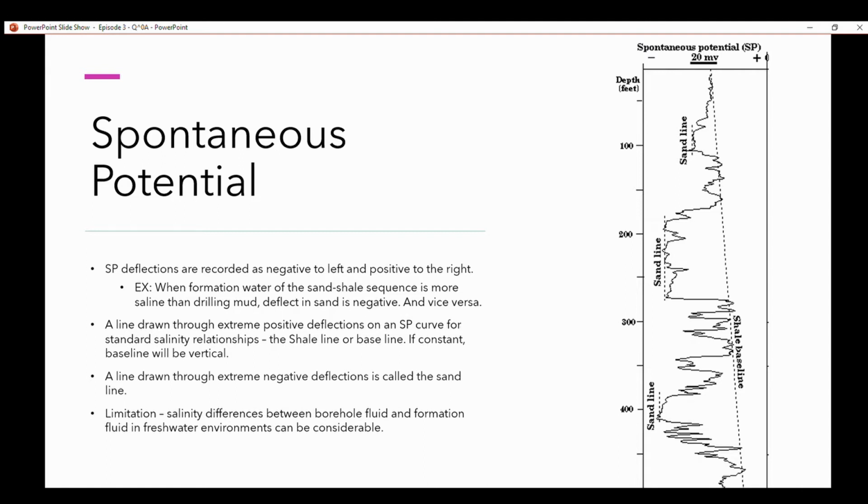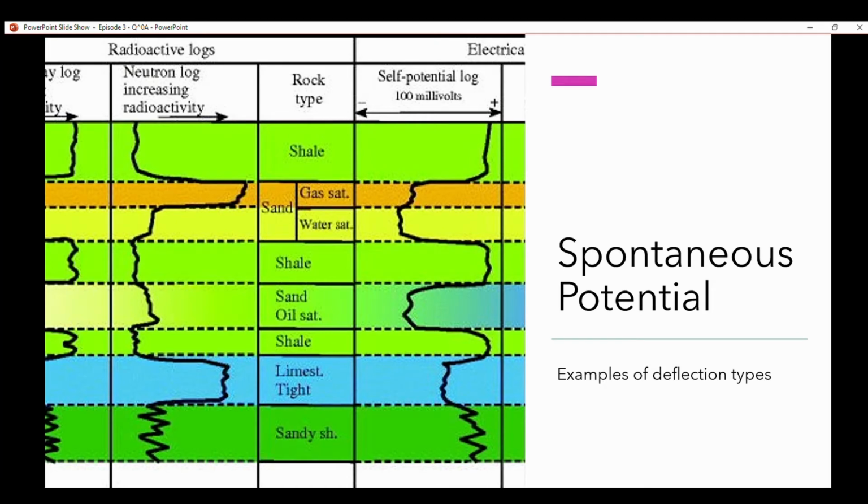This shows some examples of the deflection types. As we said, shale has high deflection, and as you get into the sands, it decreases significantly, and then shale obviously goes high again. Sand decreases, shale increases. Limestone has a positive deflection if it's tight, but less than shale.